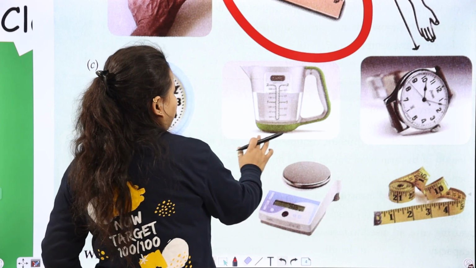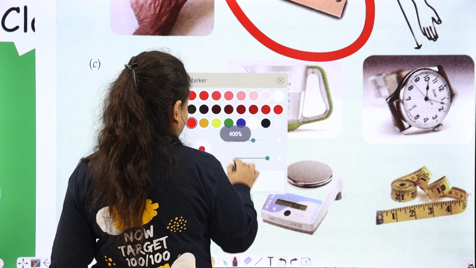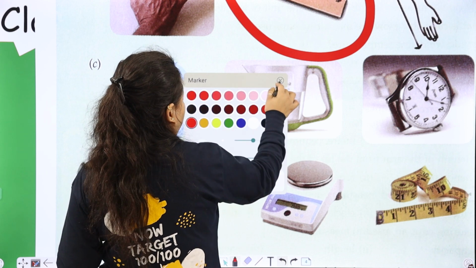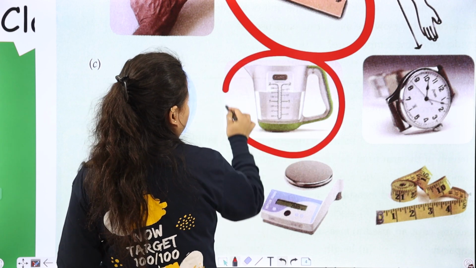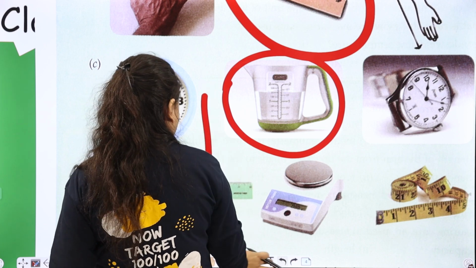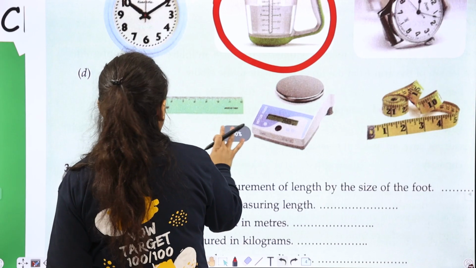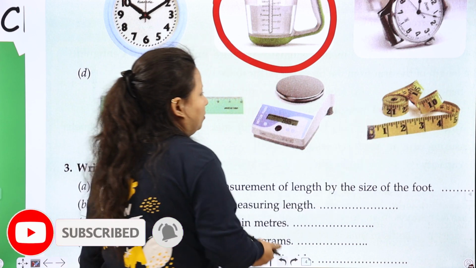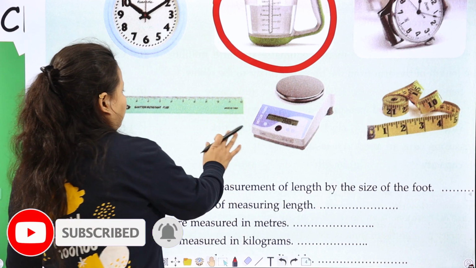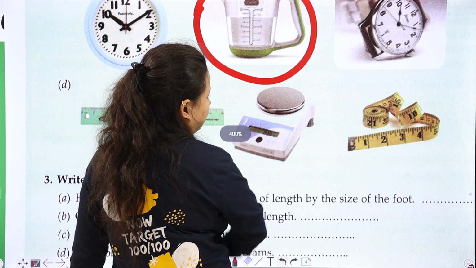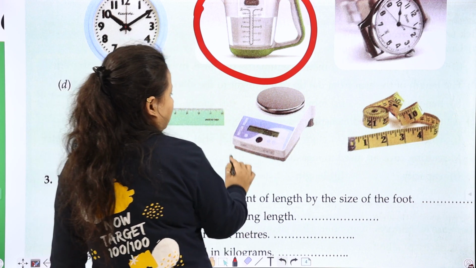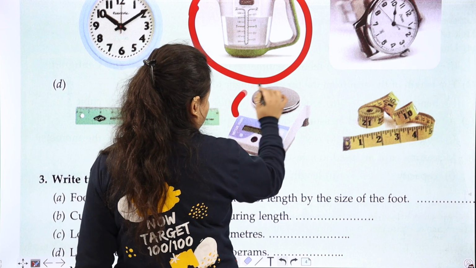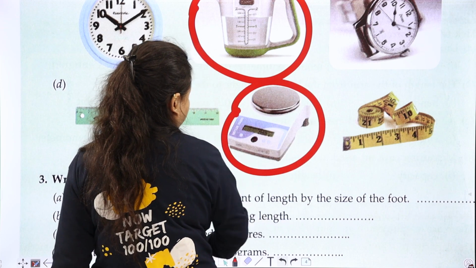So this is different. So I will make a circle on it like this. Now next is scale, this is measuring tape and this is balance. So it is different. Now I will make a circle on it like this.